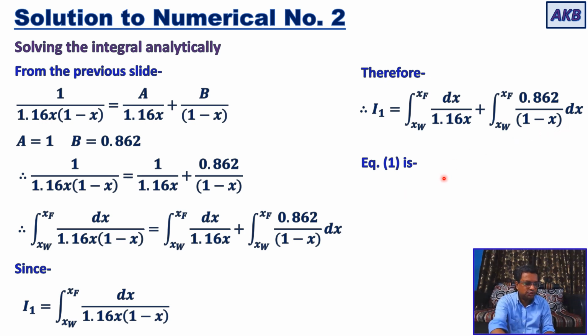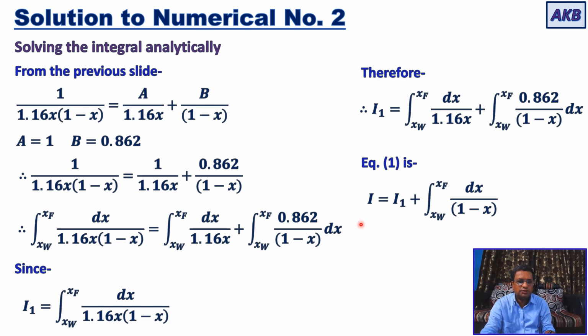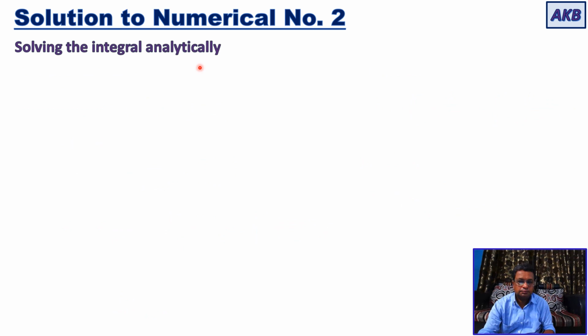Okay. Now equation 1 which we had earlier written, that is I is equal to I1 plus integration from xw to xf dx upon 1 minus x. Okay. Now let us simplify it further. Okay, now let us continue further.